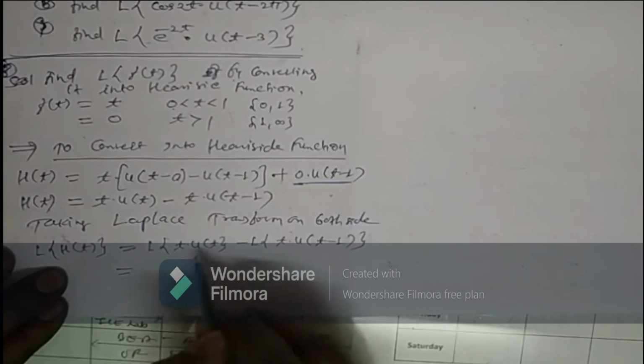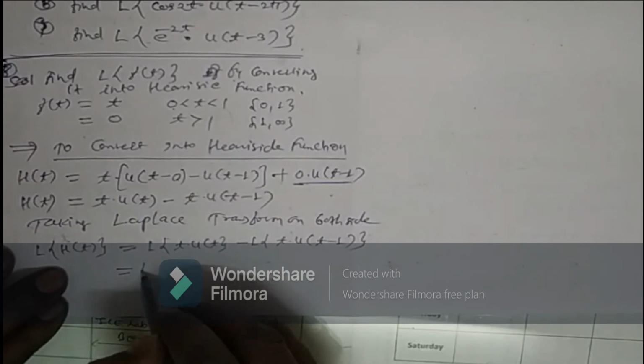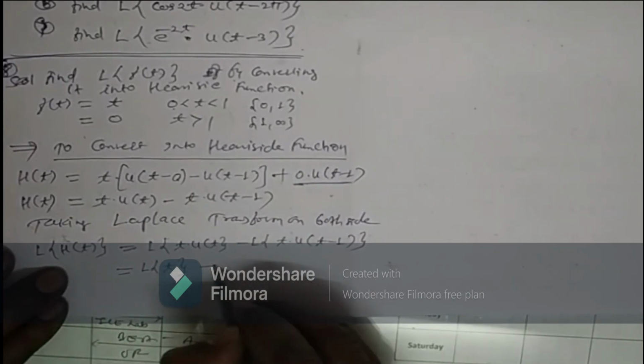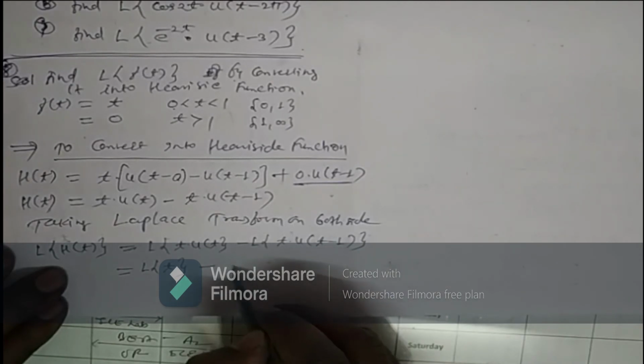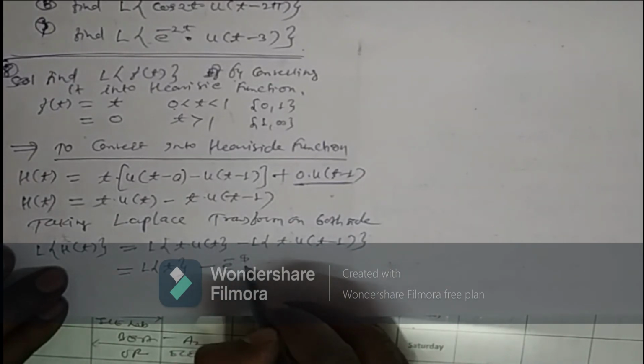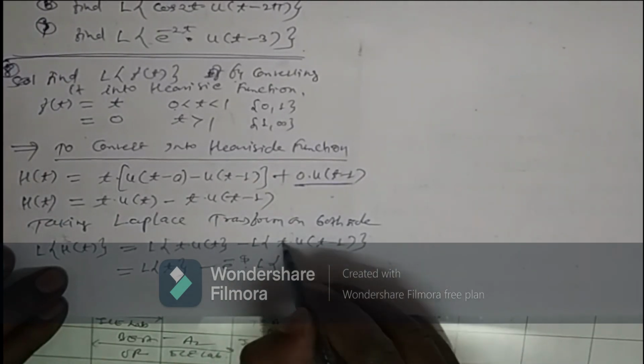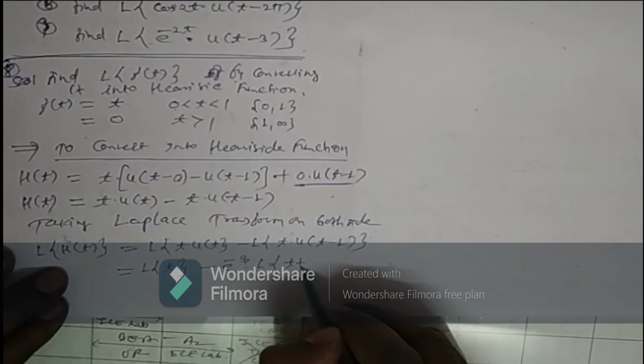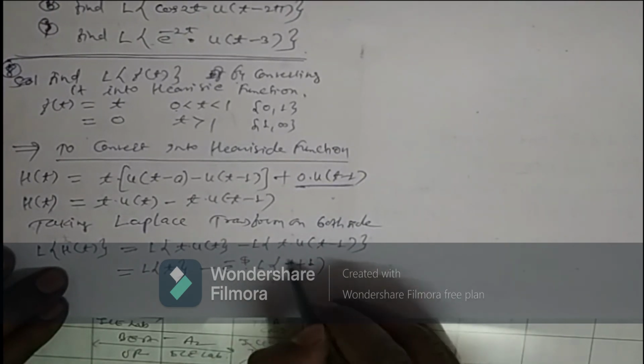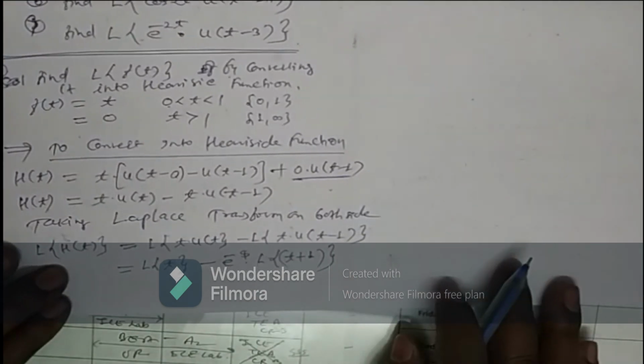What is Laplace transform of t into u of t? That is only Laplace transform of t. Here by using second shifting theorem, e raised to minus s into Laplace transform of t plus 1, bracket close.